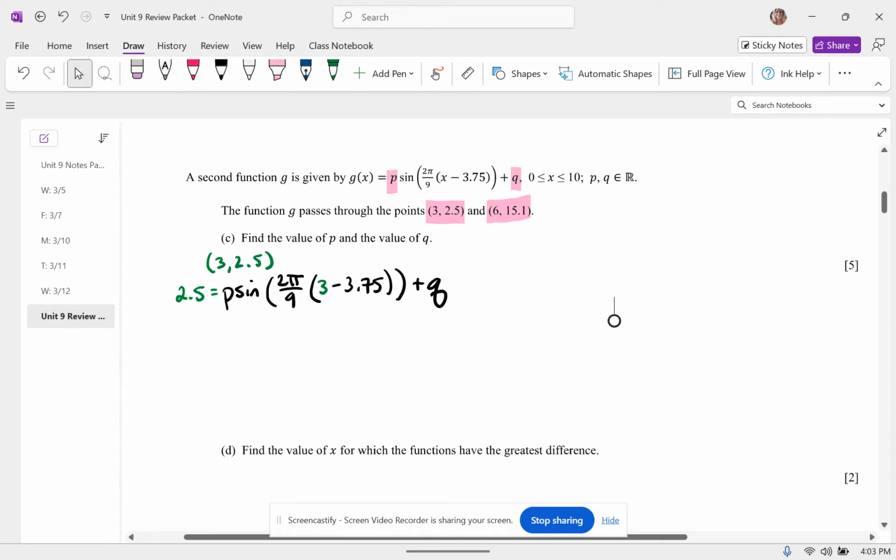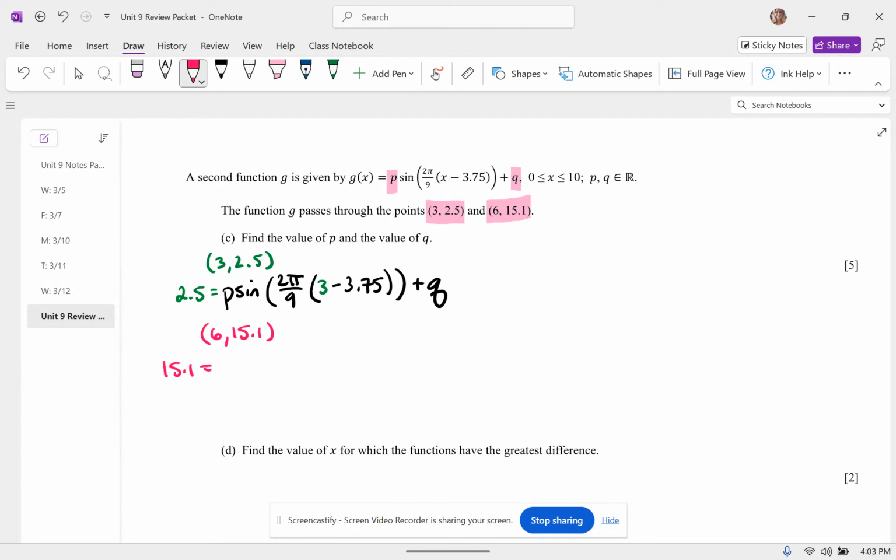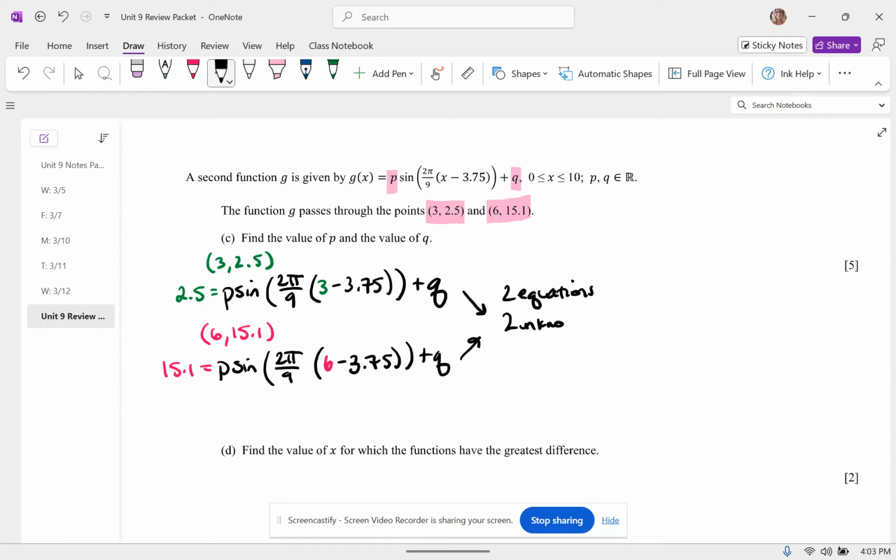I don't know, pink, sure. So now I'm going to type these in. I've got 2 equations, 2 unknowns.